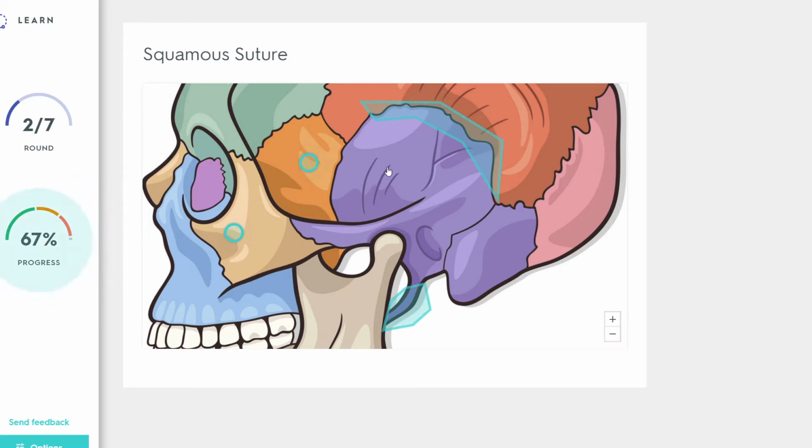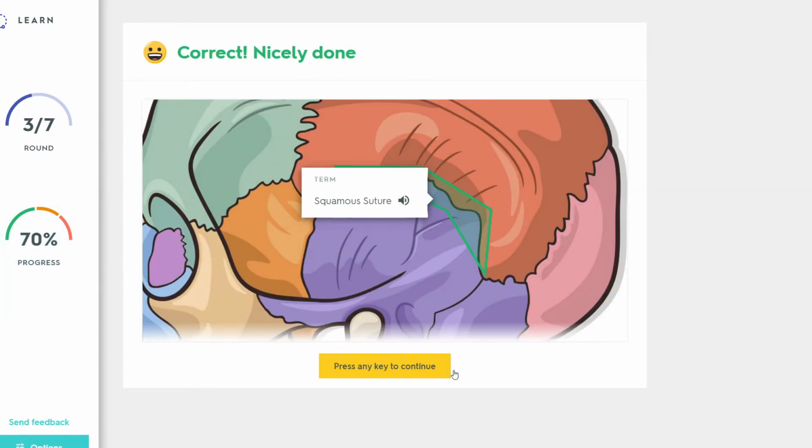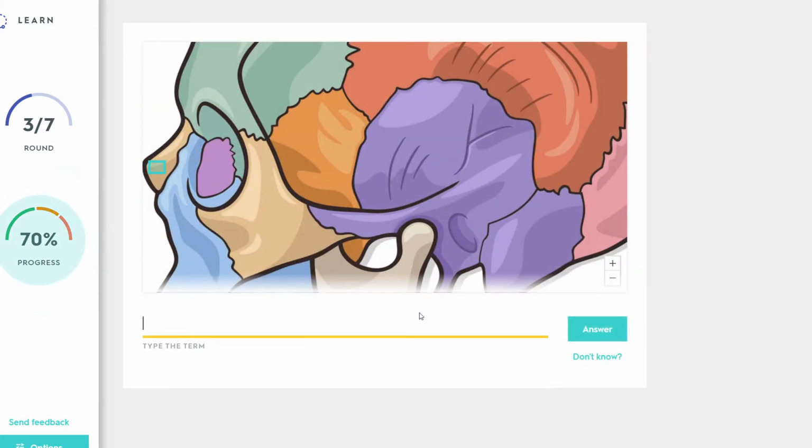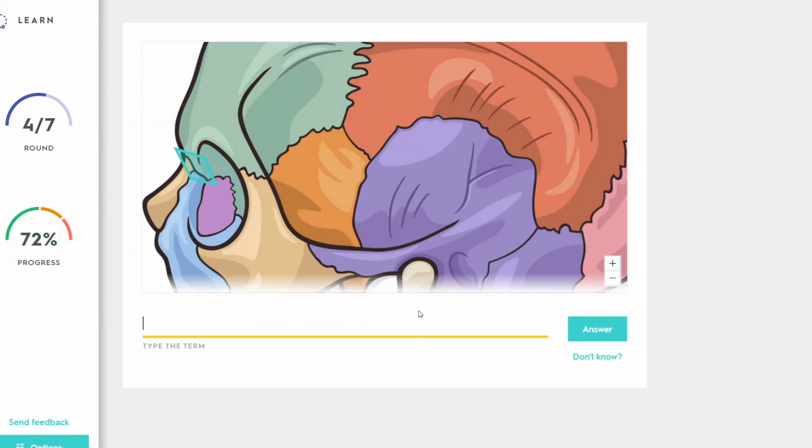Squamous suture. Looks squamous. Yep. Squamous suture. Nasal bone. Most likely. Yep, nasal bone. Okay, frontal nasal suture.